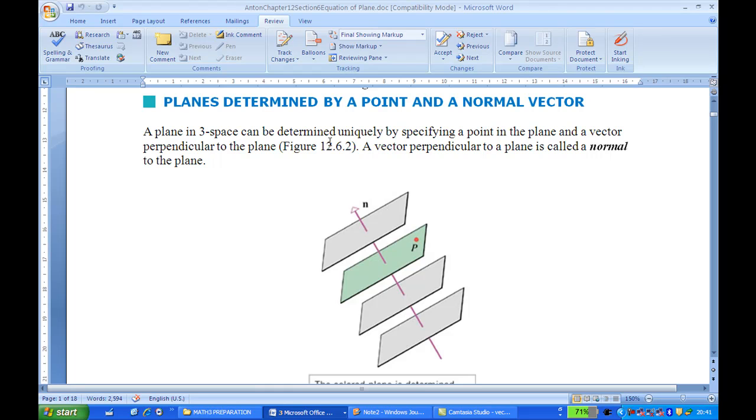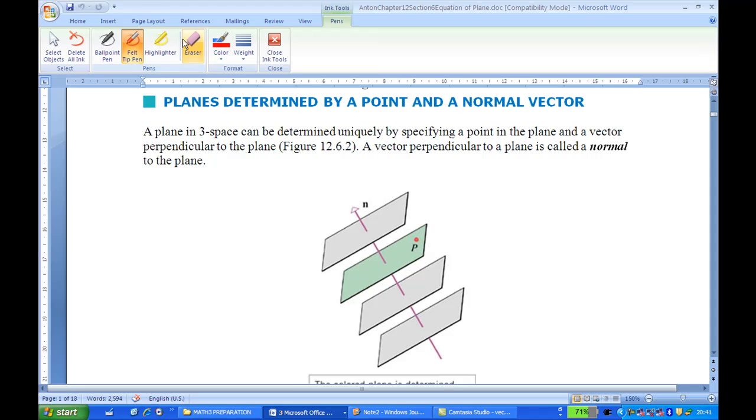This vector, n, is called the normal vector, the vector perpendicular to the plane. So we are going to find a vector perpendicular to the plane, and that is called a normal vector.